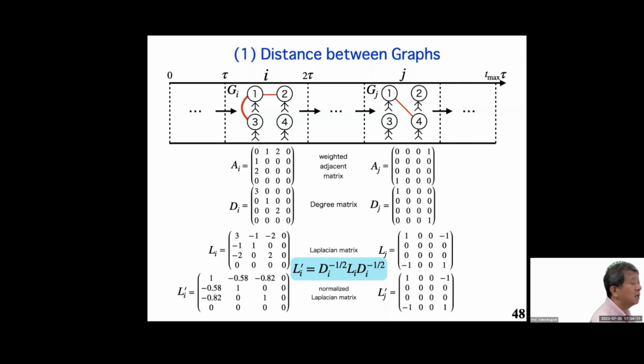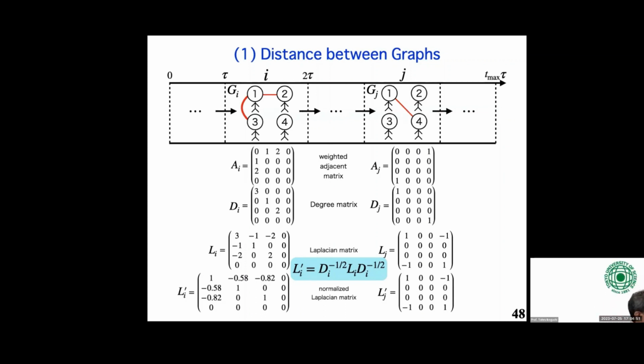We can then create adjacency matrices A_i and A_j for the networks G_i and G_j, where the entries are weighted by the number of contacts. For example, the adjacency matrix A_i represents one contact between persons 1 and 2, and 2 contacts between persons 1 and 3.